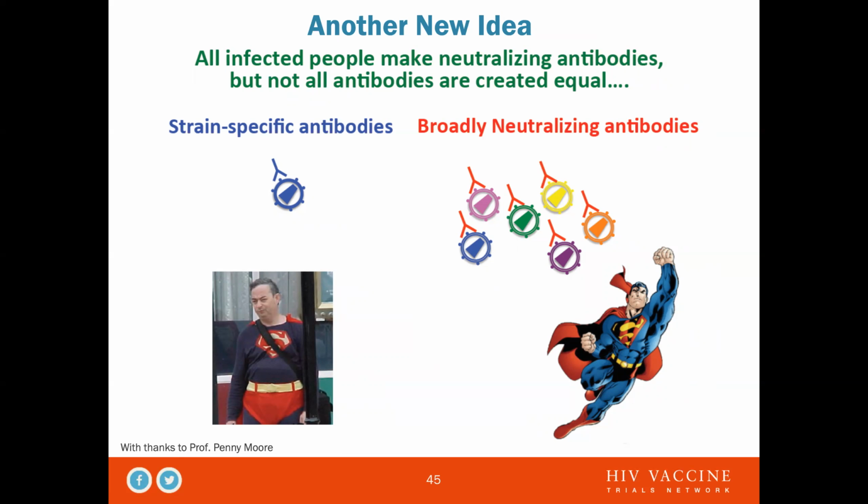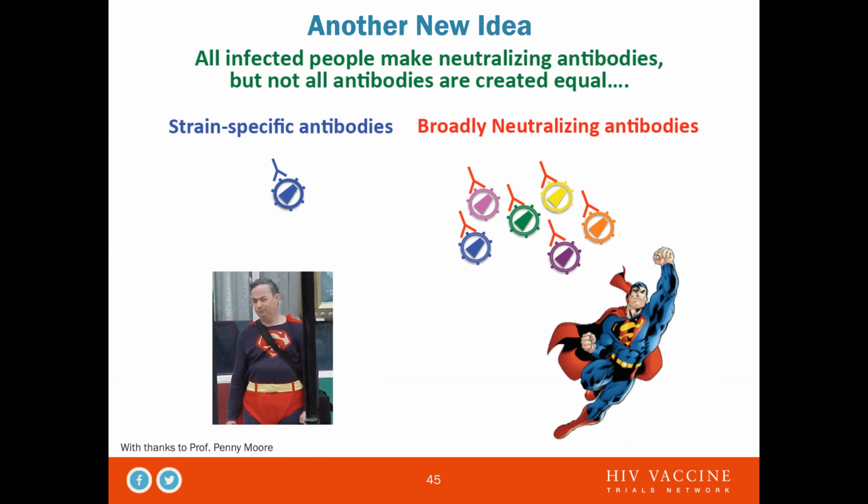So I mentioned in a prior presentation about immunology about neutralizing antibodies, that in prior studies, the neutralizing antibody function was weak. So we're testing this new idea that involves broadly neutralizing antibodies.